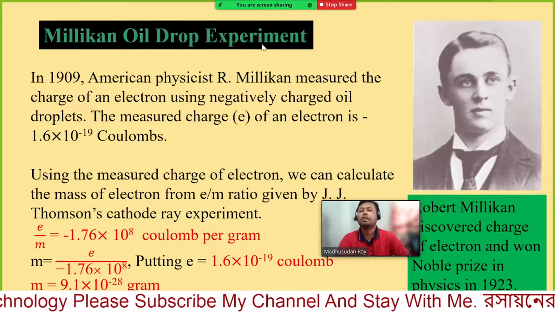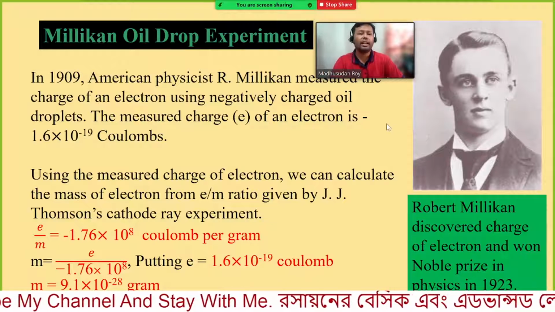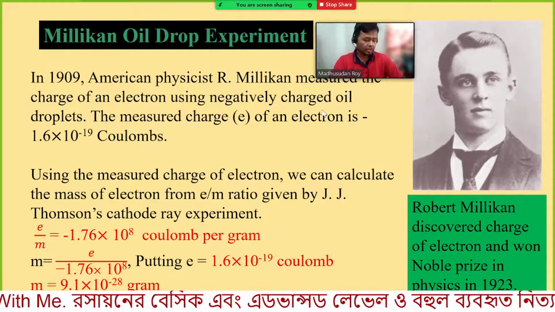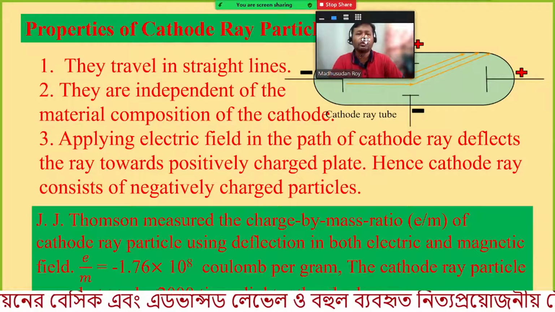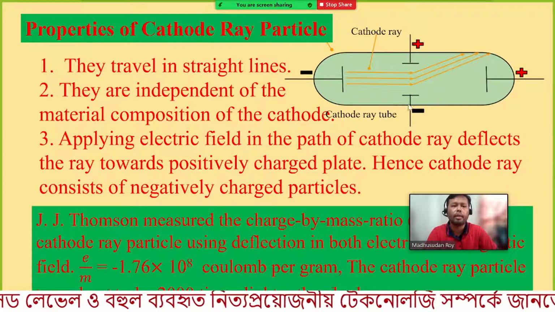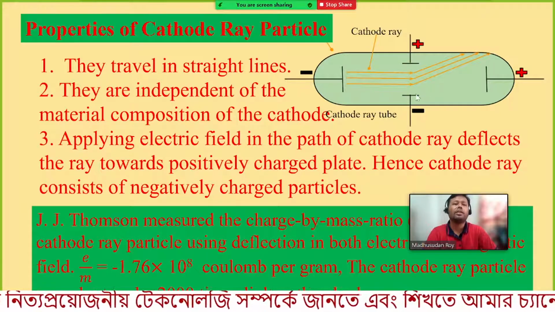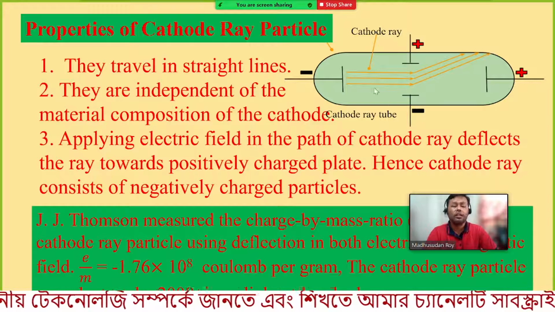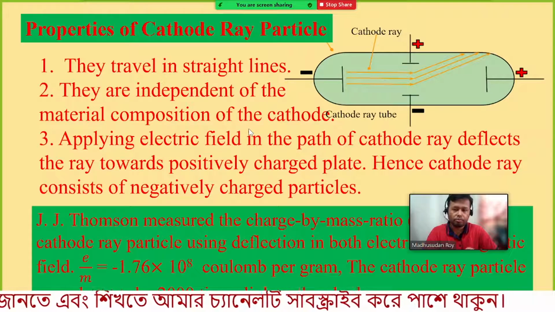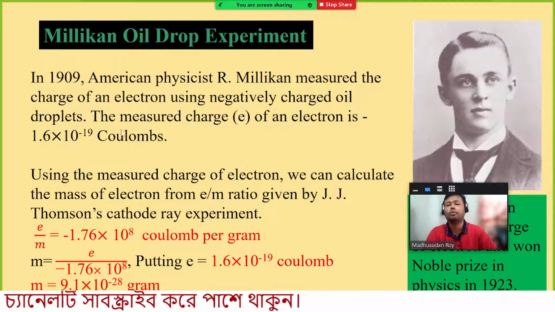Then from the Millikan oil drop experiment, the value of the charge was found. J.J. Thomson could say it is negatively charged, because the negative electric field deflected the cathode ray, but he could not give the exact value of the charge.